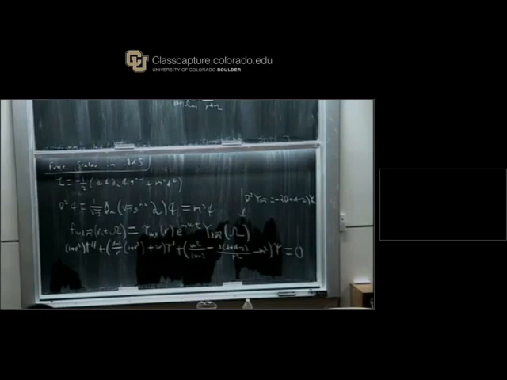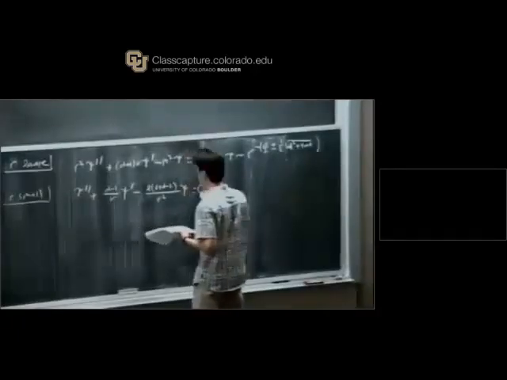And then when r is small, we have a different kind of equation. Instead, what we get is psi'' plus (d minus 1)/r psi' minus (l(l plus d minus 2))/r squared psi is 0.